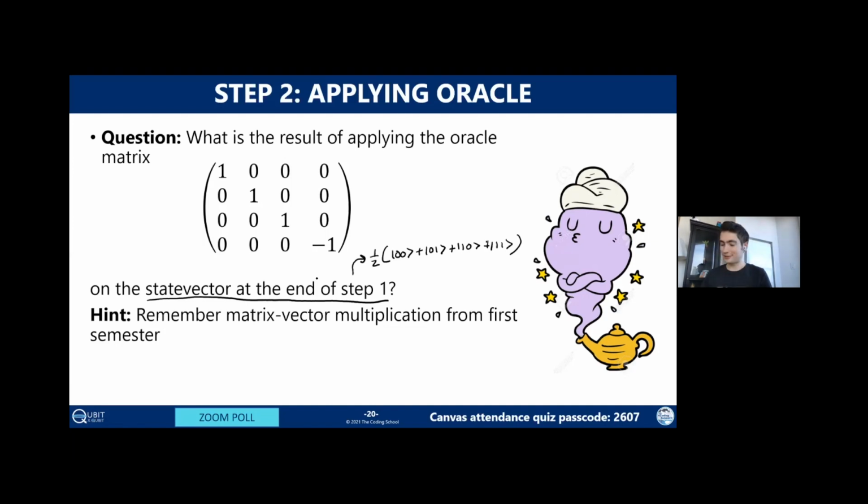So probably what you're going to have to do is translate this into a state vector and then do matrix vector multiplication, which is something from quite a while ago. Hopefully this is a good review for you to remember how to do that.